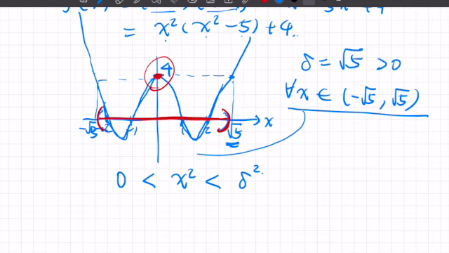For all x within this interval we have this.